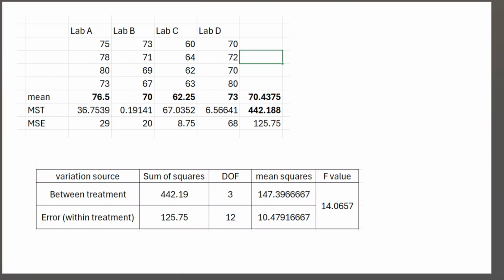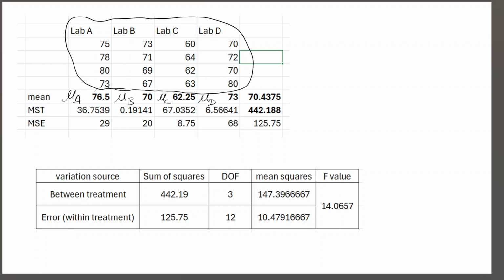So this is the given data: Lab A, Lab B, Lab C, and Lab D, and I just found the mean value for each one. These are the mean values, mu A, mu B, mu C, mu D.